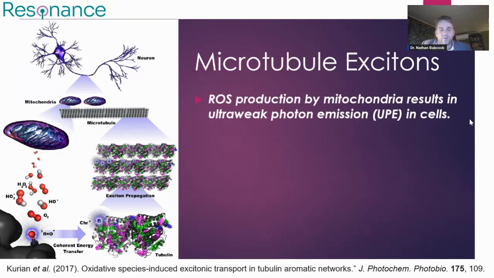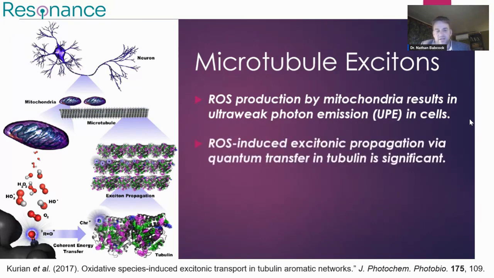Now, ROS, those are reactive oxygen species, are produced in mitochondria, and they're a normal part of cellular physiology that can also produce very weak emissions of light, ultra-weak photon emissions in cells. Now, the formation of reactive oxygen-induced excitonic states can, in principle, propagate through quantum transfer in the microtubules.